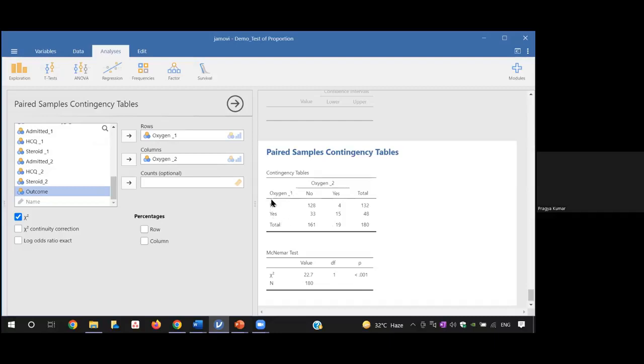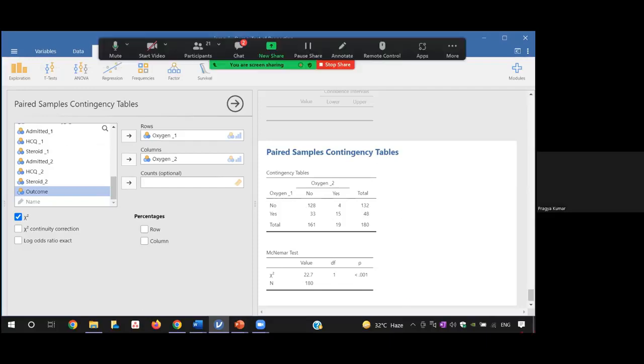Whatever is there in this row, this no and this yes. If I say that this no, this whole row is for the people at the time of admission. So this no and yes is for the oxygen requirement at the time of admission.